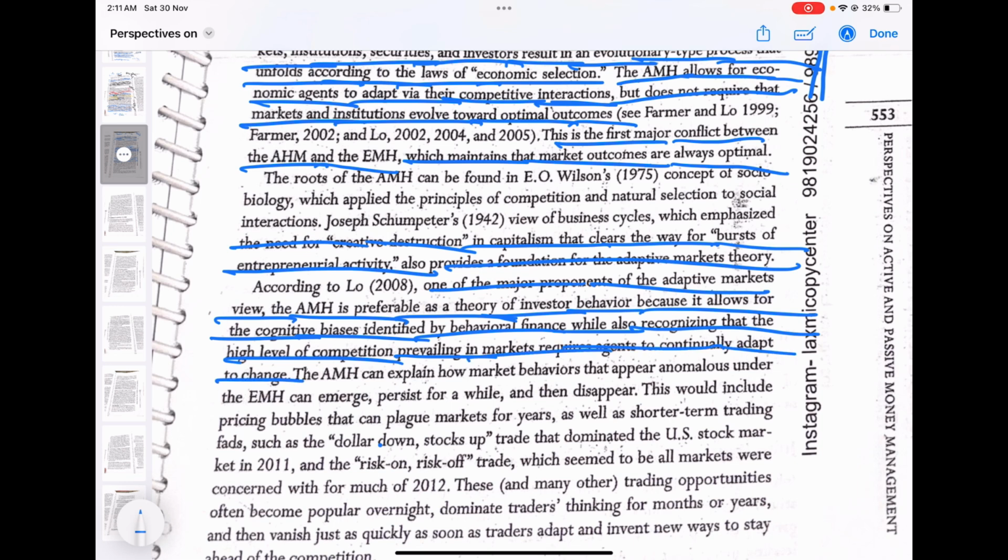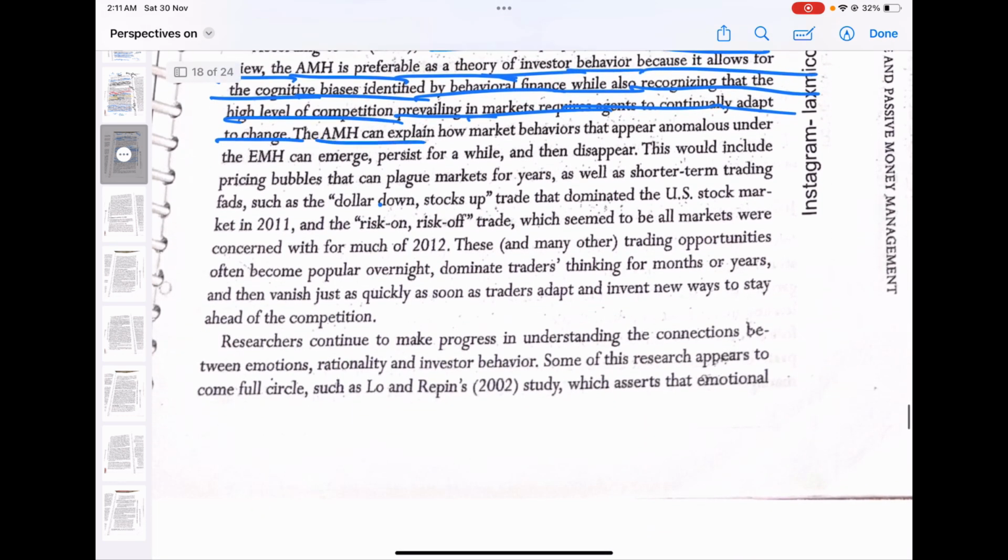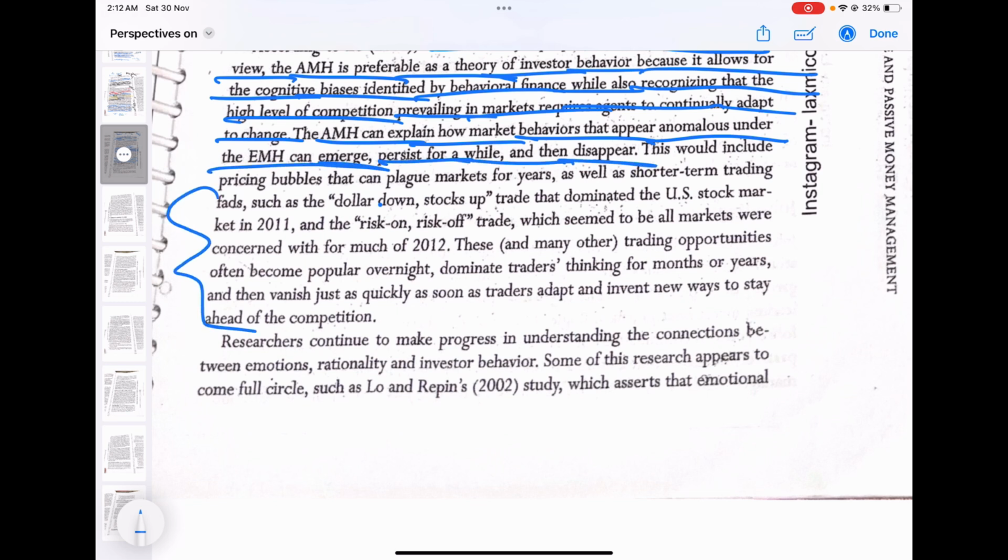So whenever you are talking about AMH, just look at the name. It talks about adaptive. So you need to keep in mind that the people, the investors and the participants in the markets usually adapt and evolve with the changing times. AMH can explain how market behavior that appears anomalous under the EMH can emerge, persist for a while, and then disappear. So that's about AMH. I hope you understood.